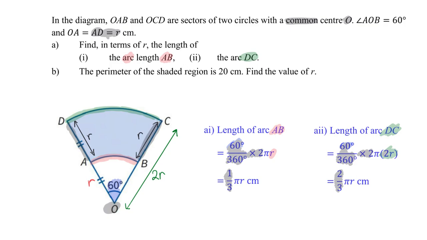And then find the perimeter. Given 20 cm, find R. So since I now know that the perimeter, meaning the green AB, the black color AD, black color BC, and the green color DC add up to 20, I could form an equation.